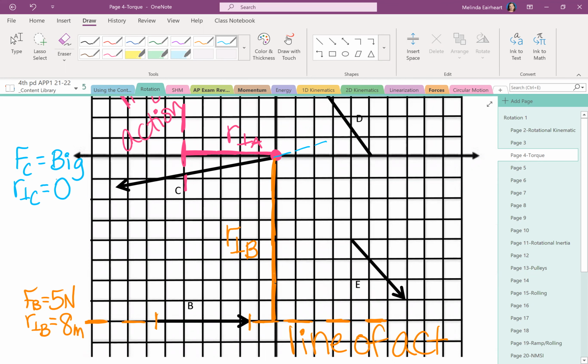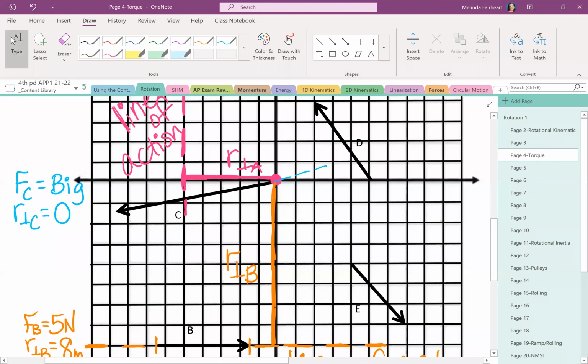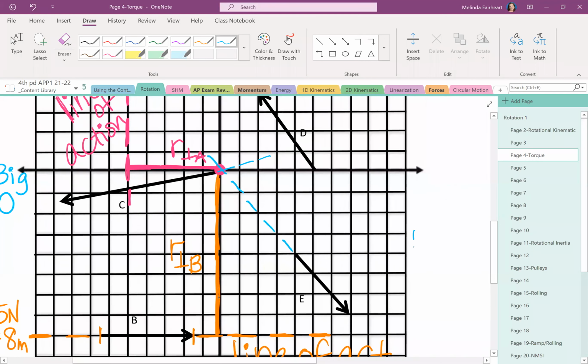Now we'll come back to D. D is actually the trickiest one of all of them. But E, well, it's not touching the origin, but if you do your line of action, what do we notice about E? The force, I'm going to say, is moderate. And again, it's not going to matter because the lever arm is what? Your line of action force goes through the axis of rotation.